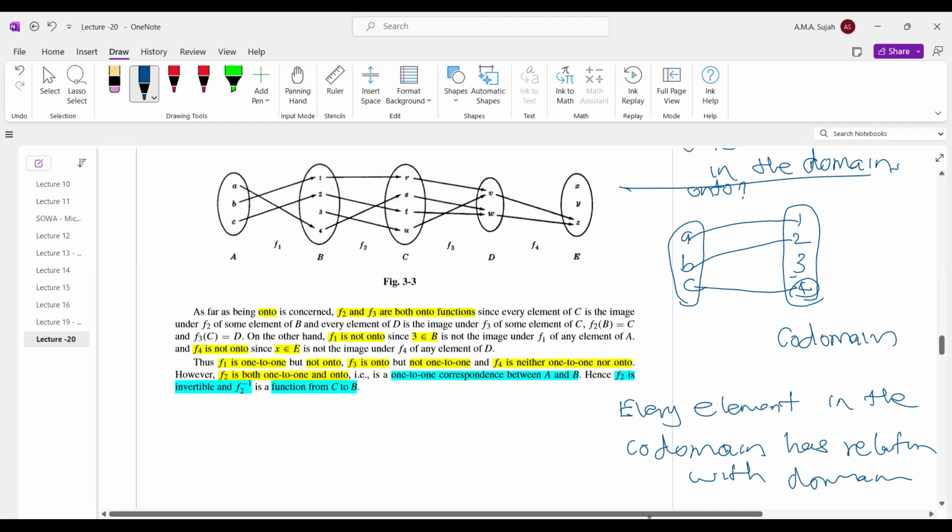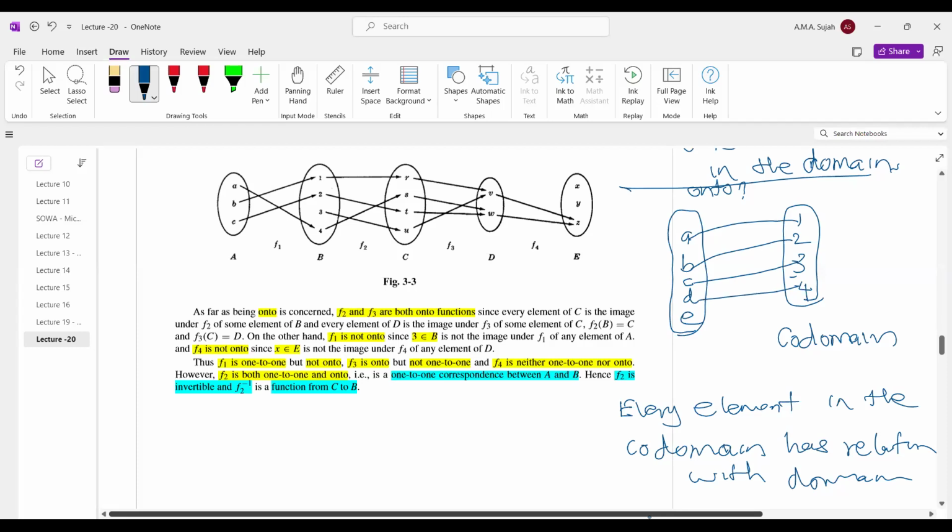Maybe you can create another element. Here I'm writing C and D, and now C, D, E.